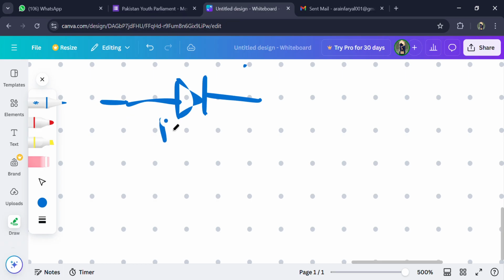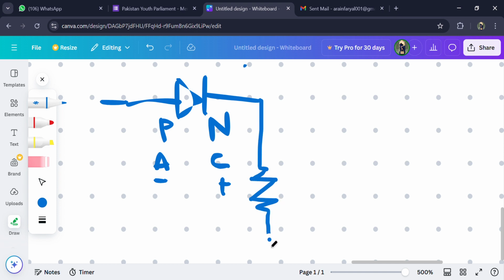where the P junction and N junction are placed. The P side works as an anode while the N side works as a cathode, and we all know the anode is the positive terminal and the cathode is the negative terminal. After this we have a resistor, or what we could call our load, which we use to calculate the current.